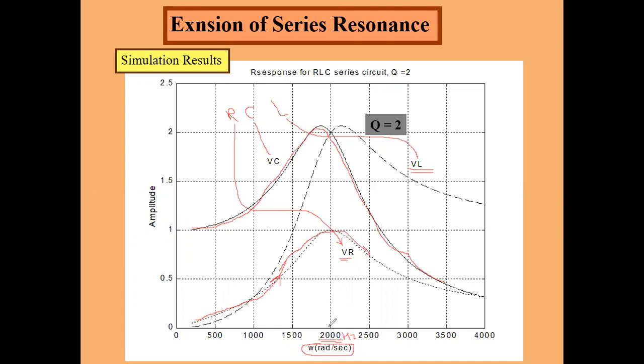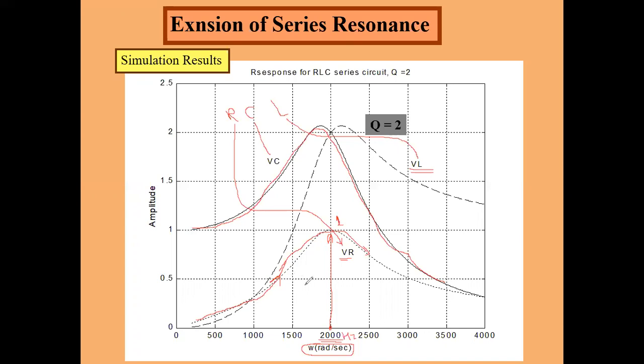But when it reaches the resonant frequency value, 2000, at that frequency the voltage attains a maximum value, which we call the amplitude, that is 1 volt.